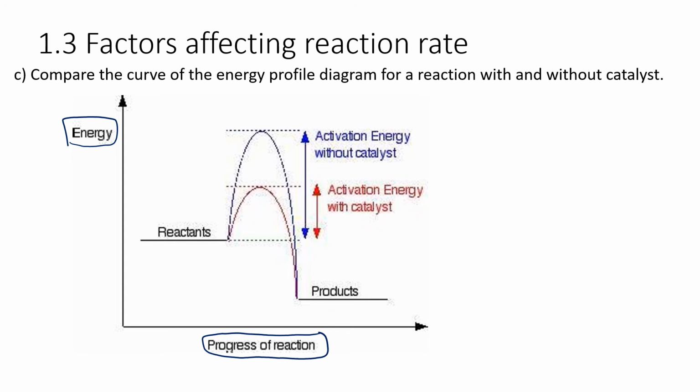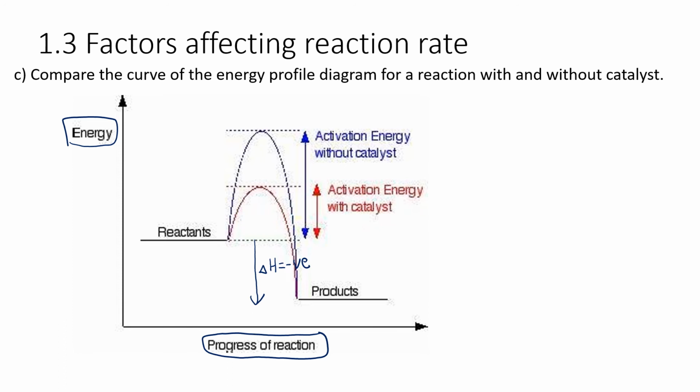And then we must look at whether the reaction is exothermic or endothermic. Like for this reaction, it is exothermic. Therefore, the product lies at lower energy level than the reactants, and the delta H therefore is negative.